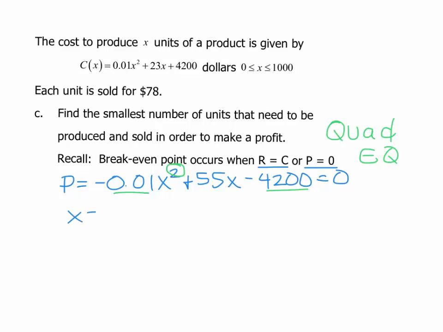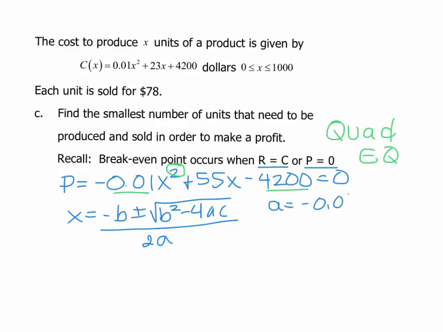Here's the quadratic formula: negative b plus or minus the square root of b squared minus 4ac, all over 2a. So I need to identify what my a, my b, and my c are. So a is negative 0.01, my b is 55, my c is negative 4200.